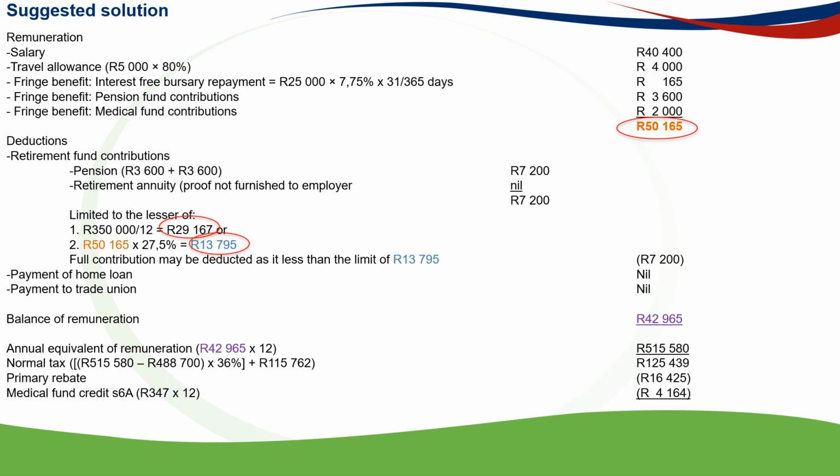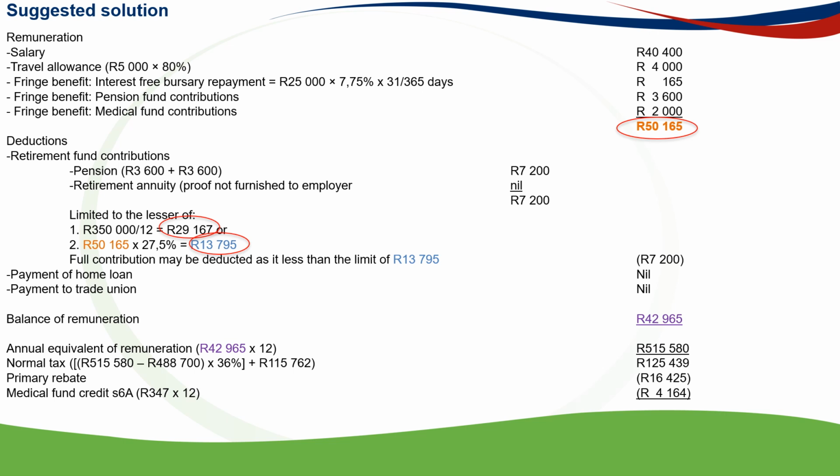And there is no section 6B tax credit because Simon is not 65 or older. Only 65 or older people are allowed the section 6B additional qualifying medical expense tax credit if they provide proof to the employer.